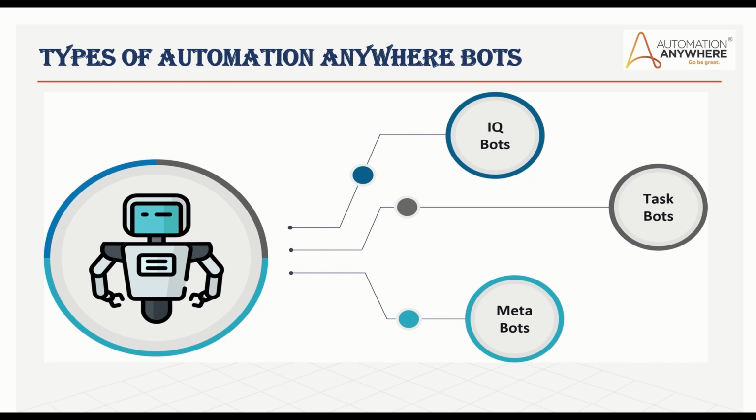It works on the concept of organizing unstructured data, which means if you have unstructured data, such as handwritten data, IQ bot has the capability to extract that data and put it in a proper format which you need or which you design. This is the purpose of IQ bot.